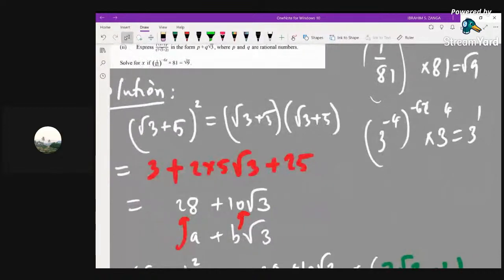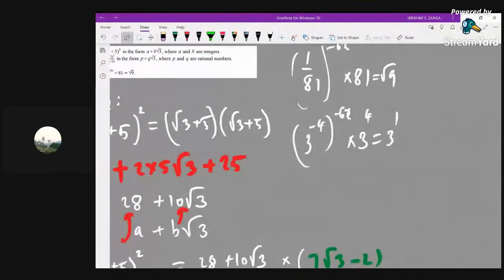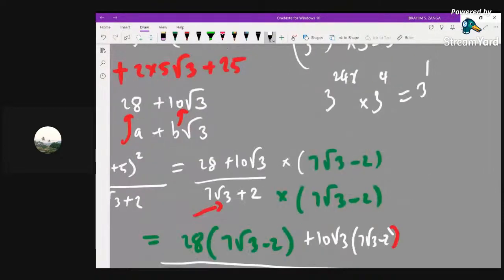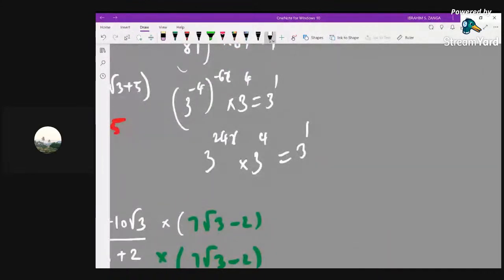As we can simplify there, okay? So this is 3 power 24x times 3 power 4 equals 3 power 1. And I can say this implies that 3 power 24x plus 4 equals 3 power 1.